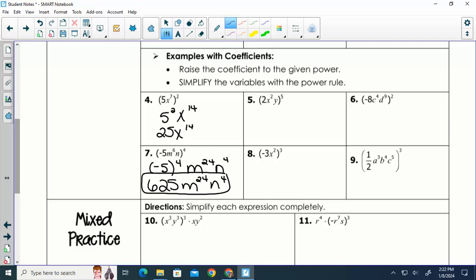Okay, because it's not times 4. Use this little caret button, and that will do your exponent for you. Does anybody else need help doing those exponents on their calculator?